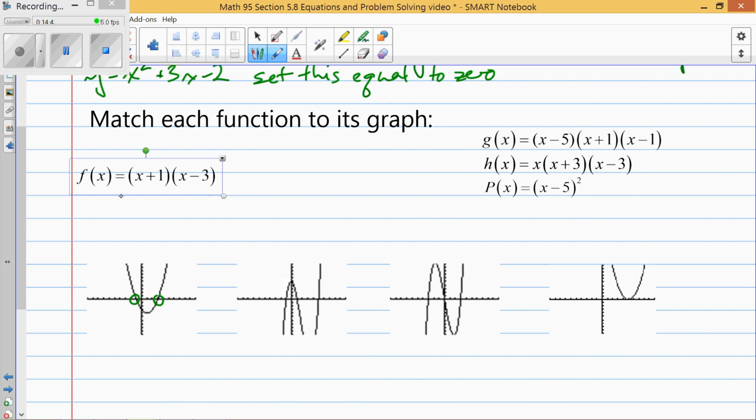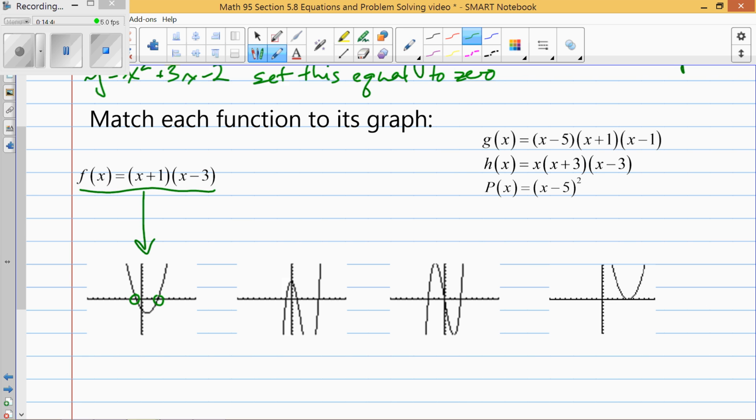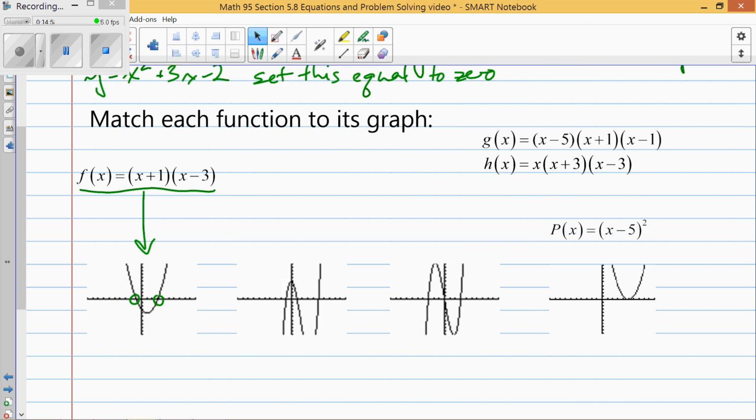So this function goes with this graph. What about this quadratic that only has one place where it crosses the x-axis? That would be where we only have one root, one solution, but it's a repeated solution.